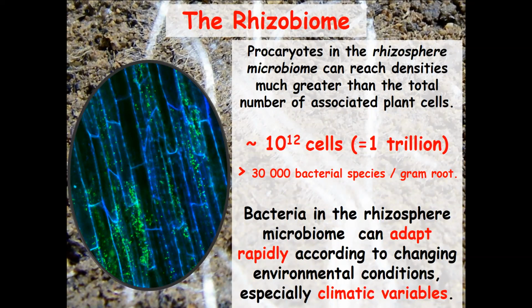More than 30,000 bacterial species per gram of root. Bacteria in the rhizobiome can adapt rapidly according to changing environmental conditions, especially climatic variables. And this adaptation is what is going to determine the success or not of crop production.